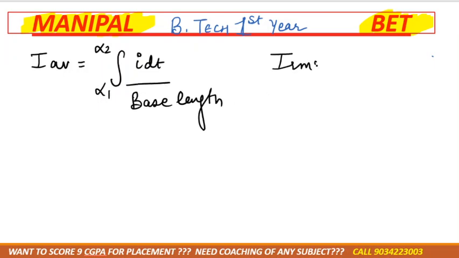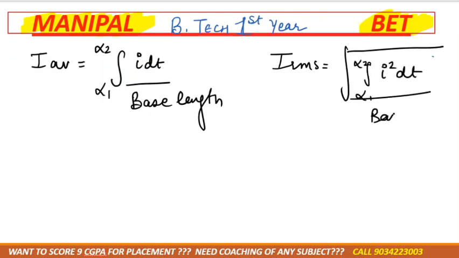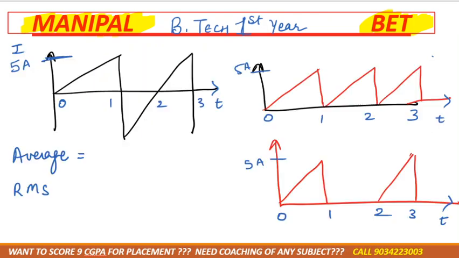Similarly IRMS: IRMS is the limit from alpha, the integral of i squared, divided by the base. Okay, so as you can see, we'll take the output here only. Also the symmetrical form and the negative form are the same, so take it up.